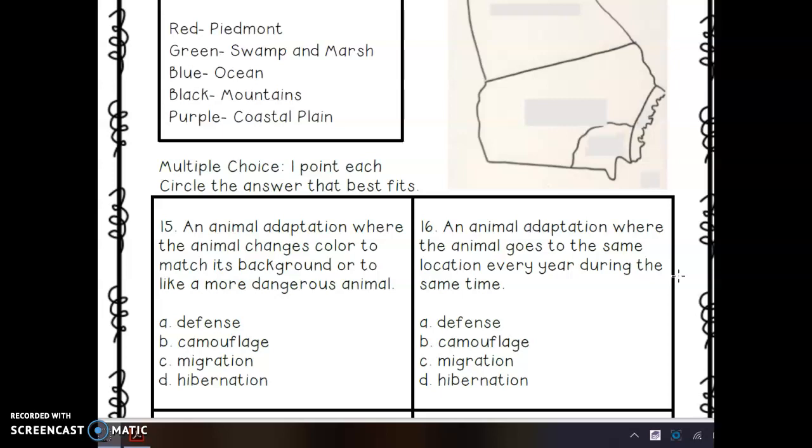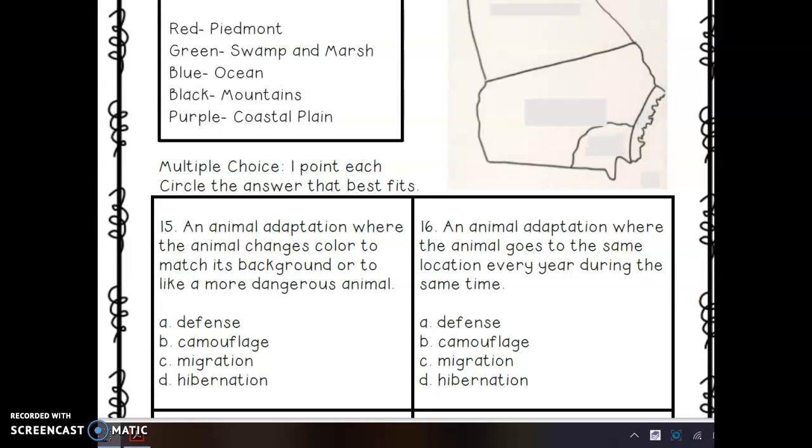We discussed that in one of the videos we watched earlier in the semester. So A, defense, B, camouflage, C, migration, D, hibernation. Take a minute to think about which one of those would be the answer. So if you said camouflage, yes, animals that match their background are camouflaging.